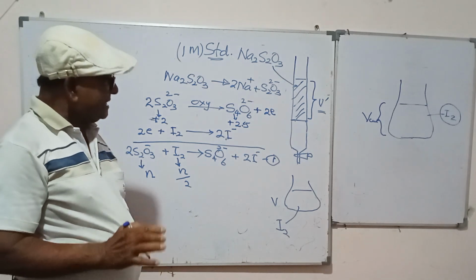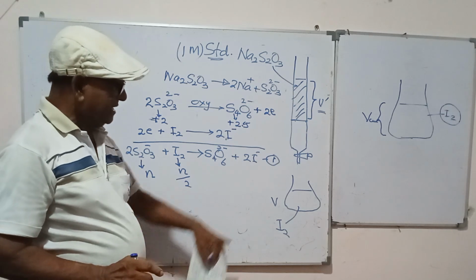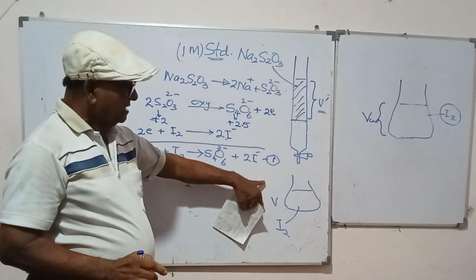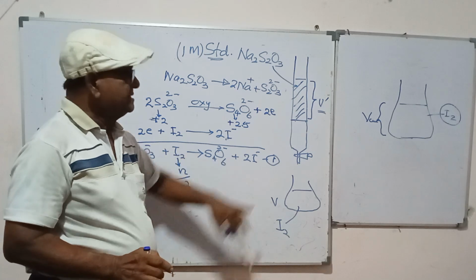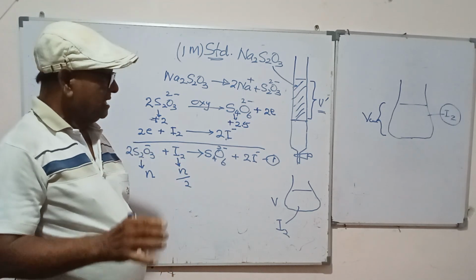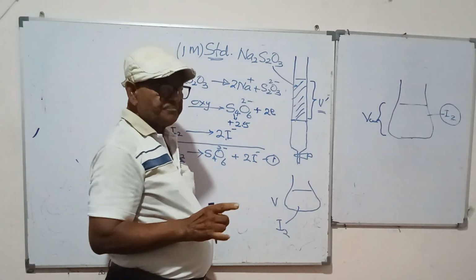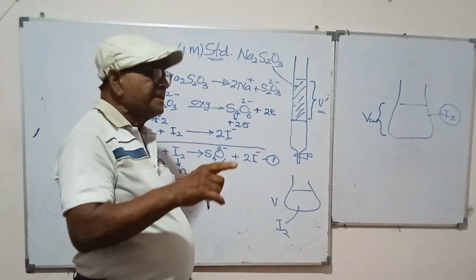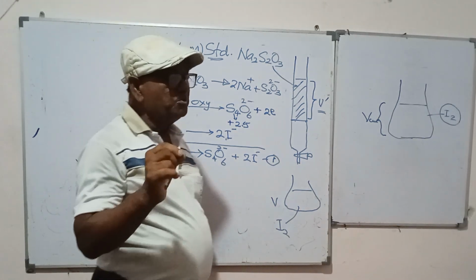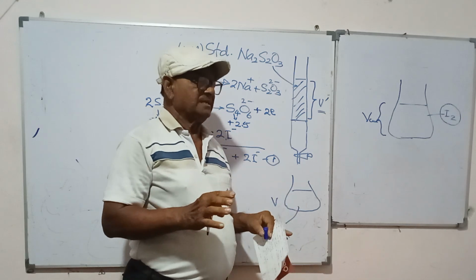Right? Then you have a problem. What is the suitable indicator here? You know that I told you last day, for acid-base titrations, we can use phenolphthalein or methyl orange.